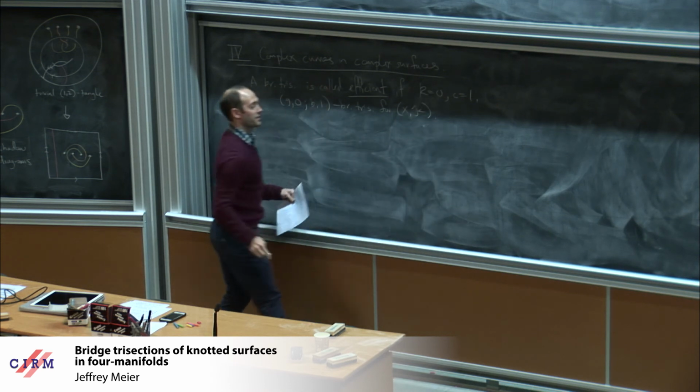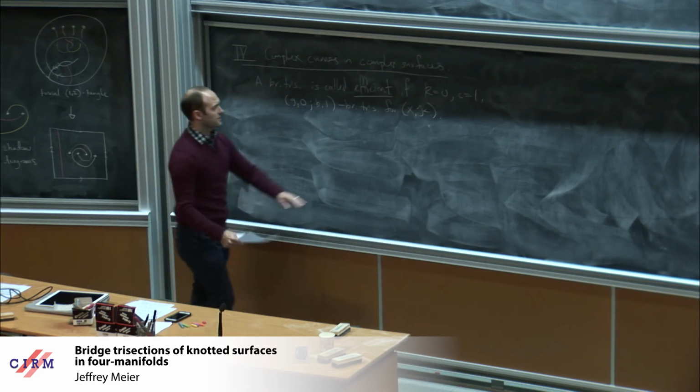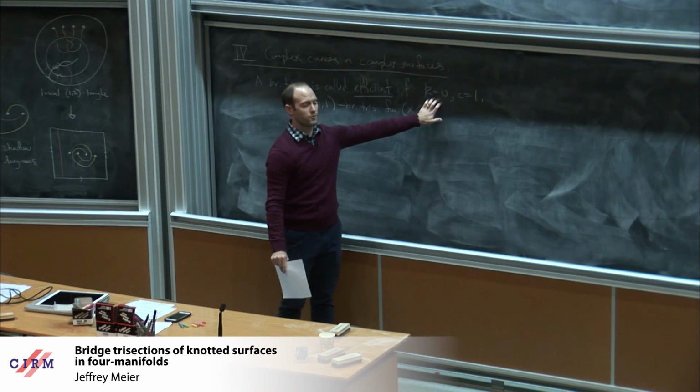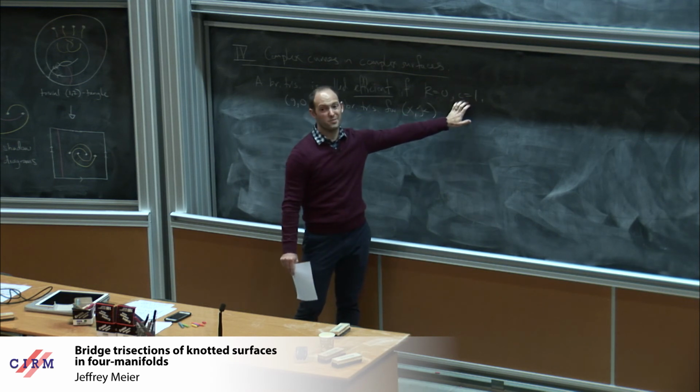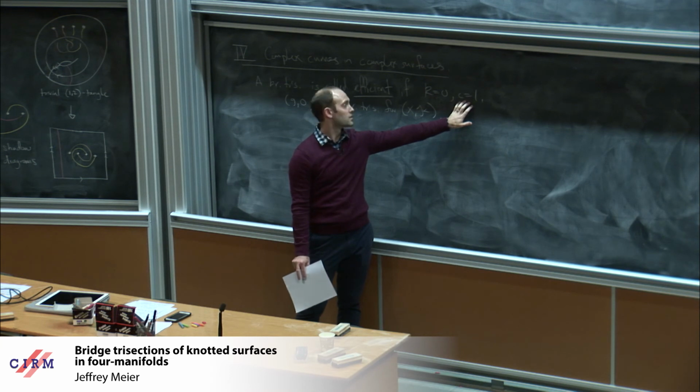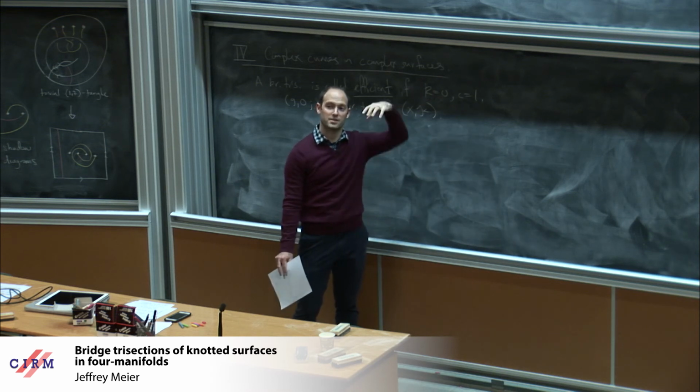From what I've said earlier, this implies things like: the four-manifold is simply connected. It can be built without one-handles and three-handles. The complement of the surface has fundamental group that's cyclic, and it can be built with a single cup and a single cap.